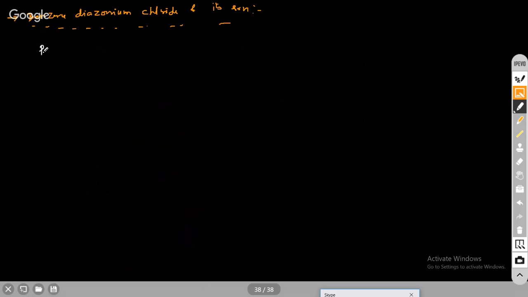And the reagent we use for the preparation of this from aniline is NaNO2 plus HCl. NaNO2 is sodium nitrite.